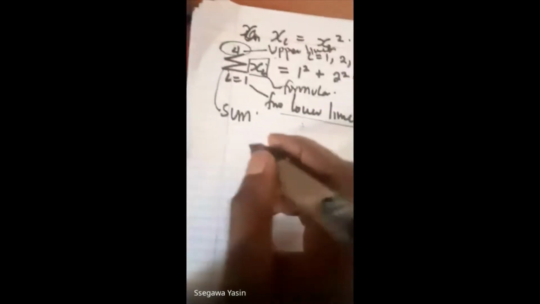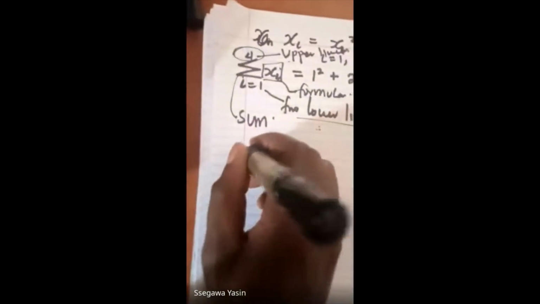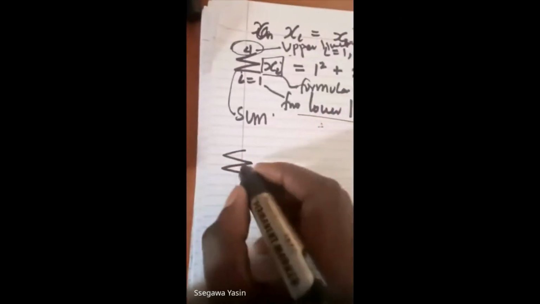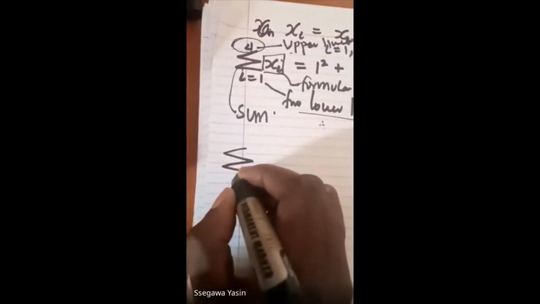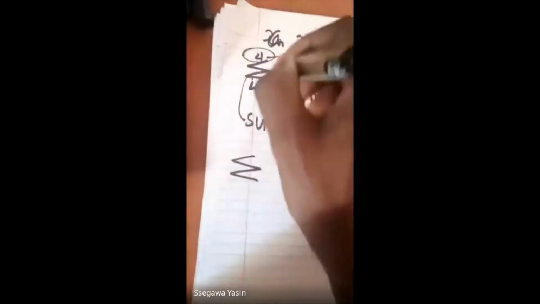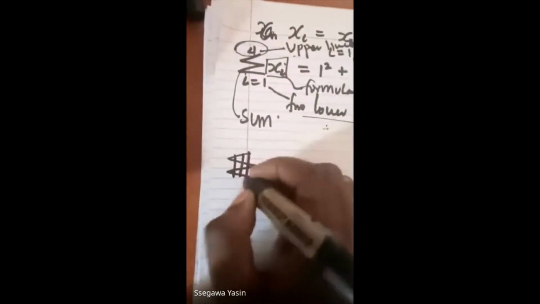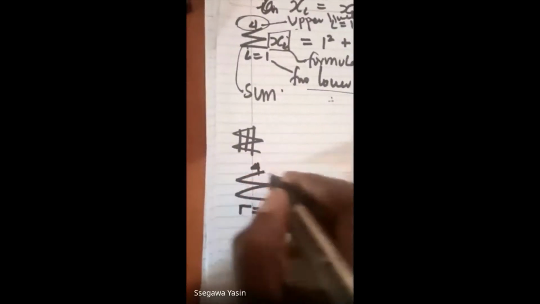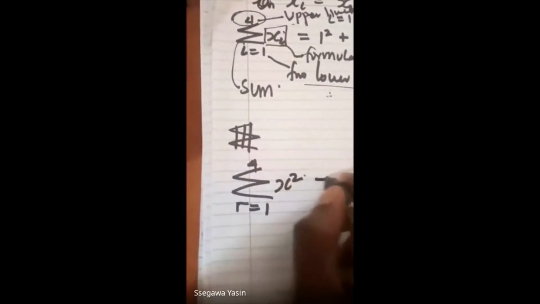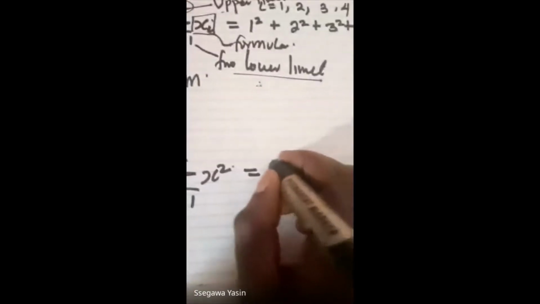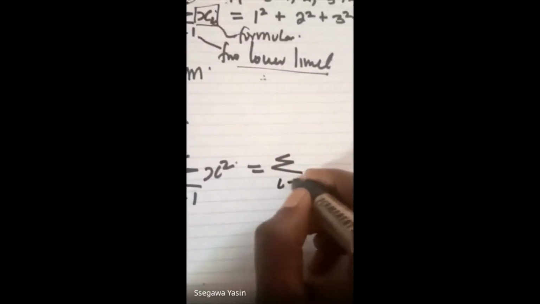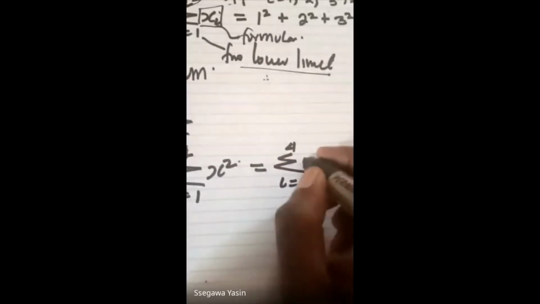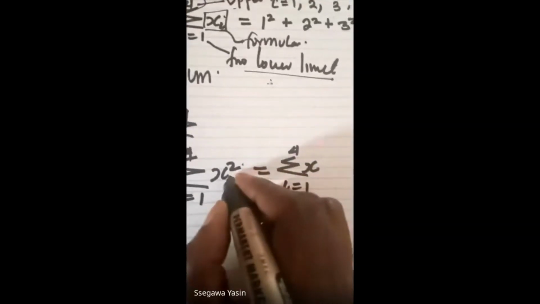And therefore, before I write something different, what I may tell you is that when I write the sum from i equals 1 up to 4 of x squared, this is the same thing as writing the sum from r equals 1 up to 4 of xr squared.